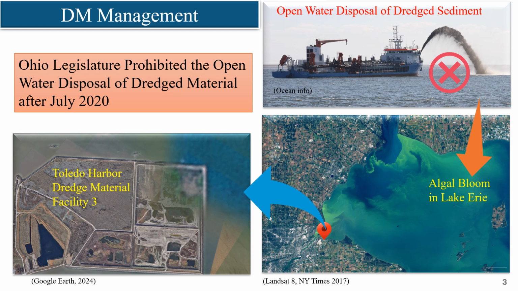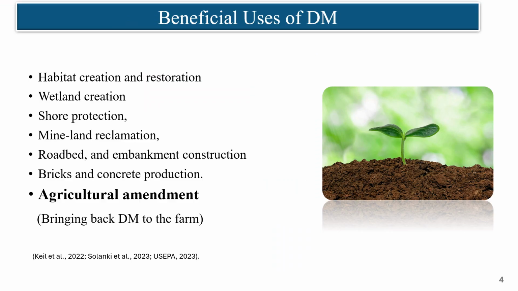However, we can easily assume that this is not a sustainable solution because every year we produce millions of tons of dredged material and these disposal facilities have only limited capacities. Therefore, scientists and environmental agencies are trying to find several beneficial uses of dredged material.